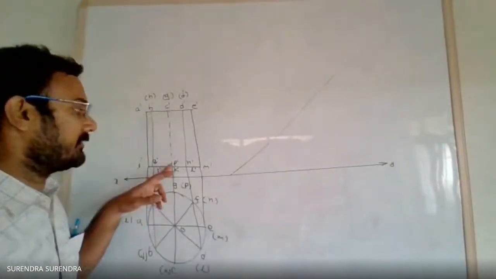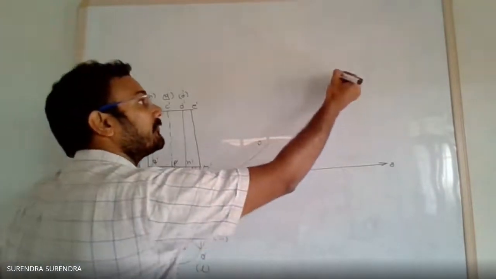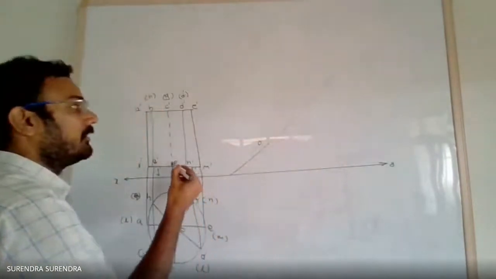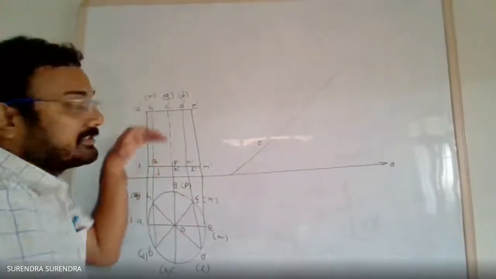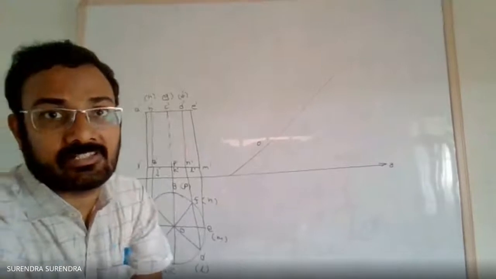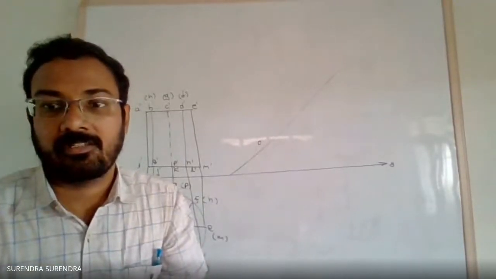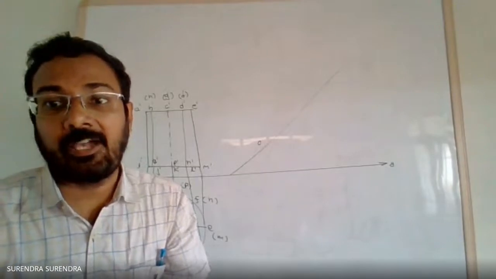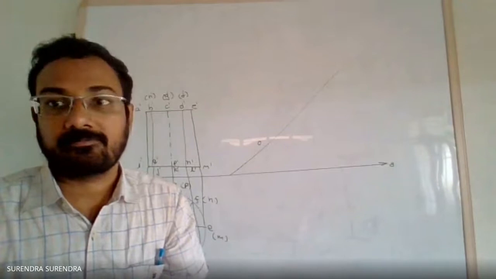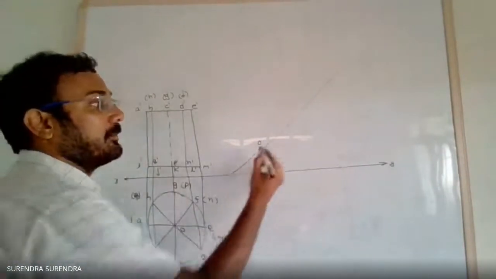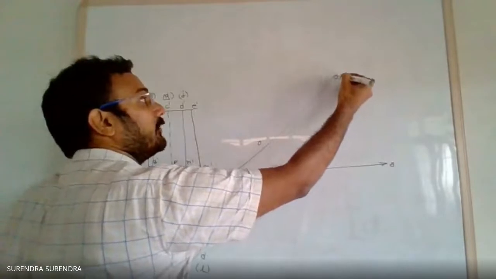Mark the first point, axis point O. What is the distance between these two? Nothing but the axis length. What is the axis length given in the problem? Axis is 80 mm long and diameter 50 mm. So from O at a distance of 80 mm, mark point O1 dash.